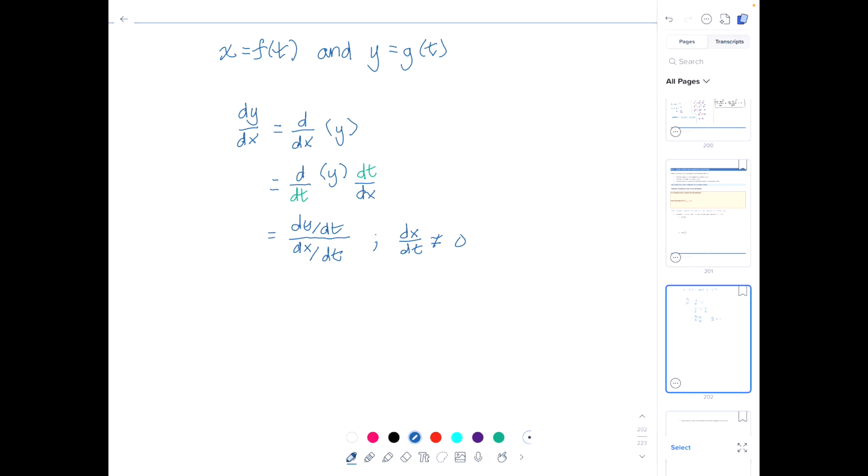So again, we are looking for d dx of what we found for dy dx, which was dy dt over dx dt. Cool so far? Awesome.